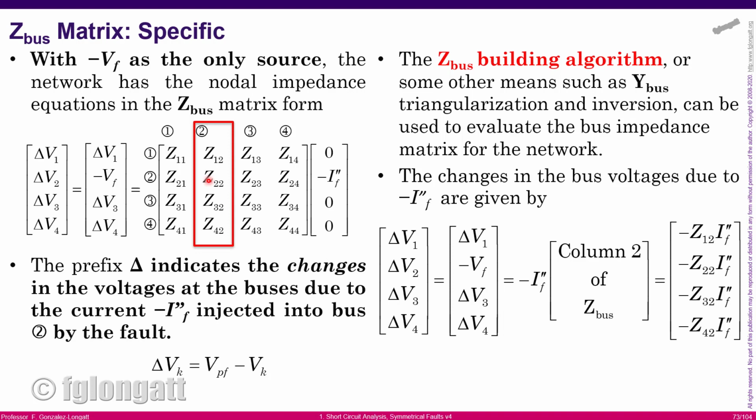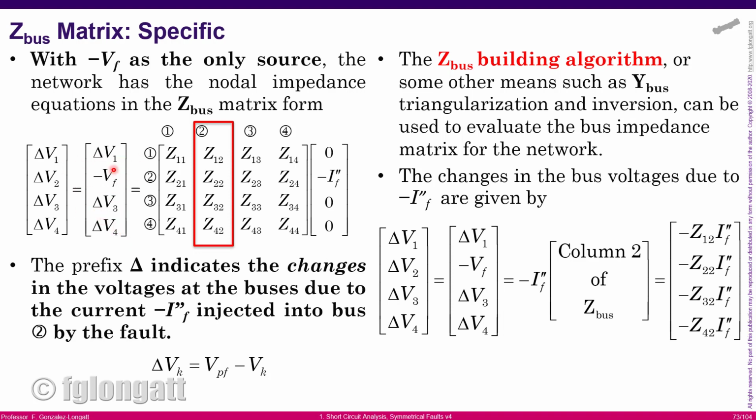What you need to understand is that during the fault conditions, the terminal voltage at bus bar number 2 is 0. I will tell you again, during the short circuit conditions, the voltage at the faulty bus bar is 0. However, if you look over here, in the voltage and current relationship, I am using delta V1, delta V3, delta V4.